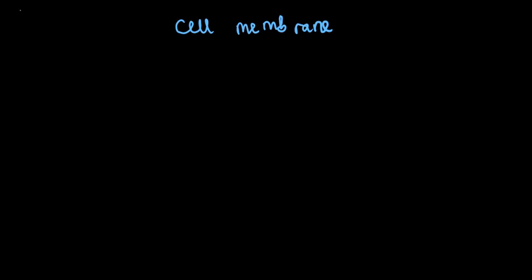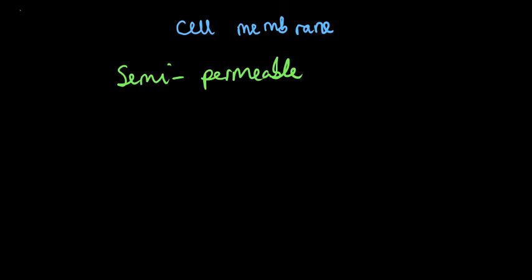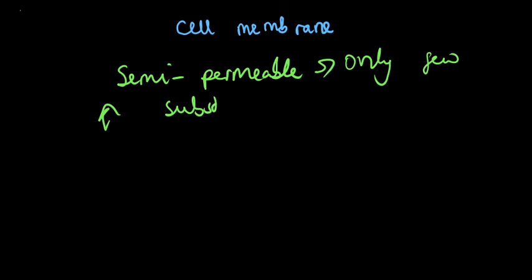So our keyword here is that it's semi-permeable. So what do they mean when they say it's semi-permeable? They simply mean that this does not allow everything to pass through it. So what you find out is that only a few substances are able to pass through.